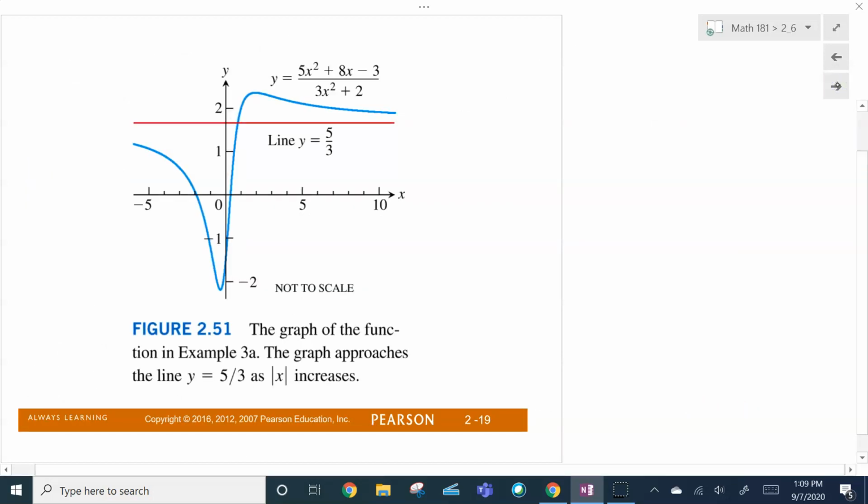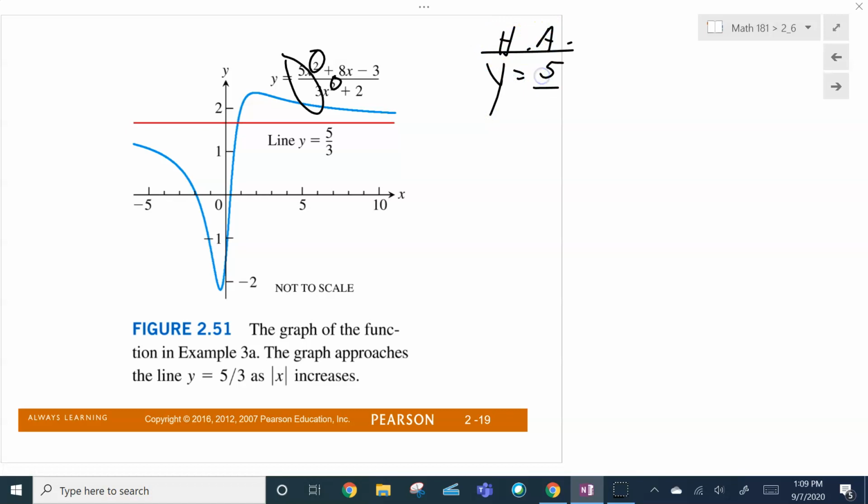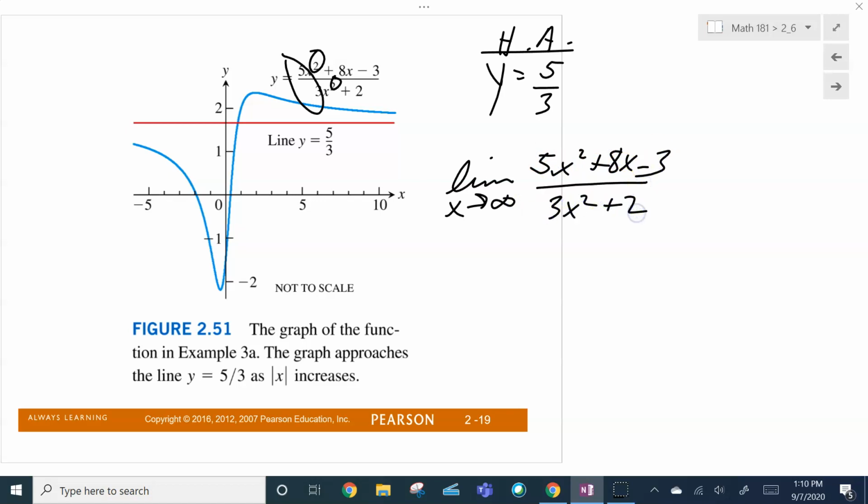So for example here, we know automatically the degree of the top is the same as the bottom, right? They're both degree 2. So the horizontal asymptote by our pre-calc rules is 5/3. In other words, if you're going to take the limit as x goes to infinity on this of 5x squared plus 8x minus 3 over 3x squared plus 2, let's think about this for a minute.